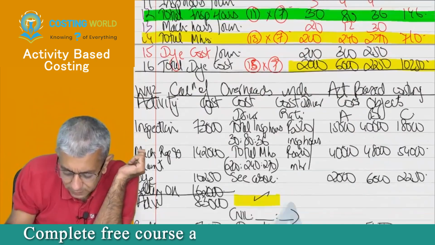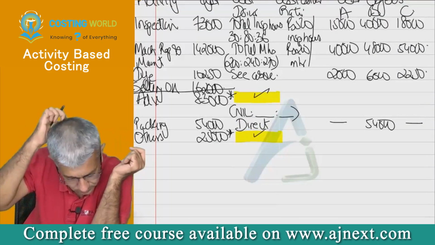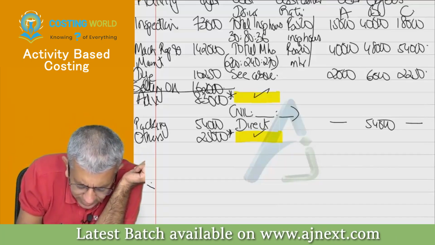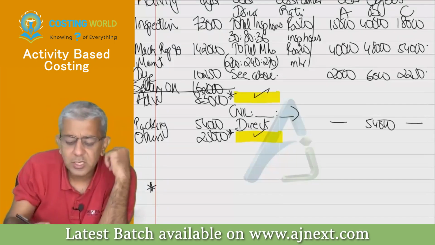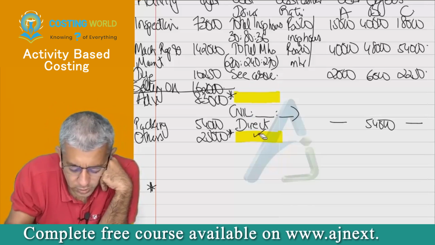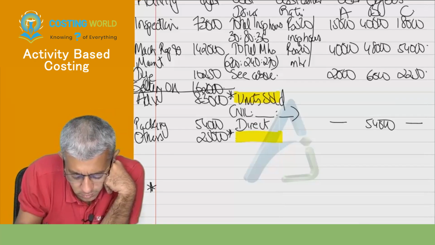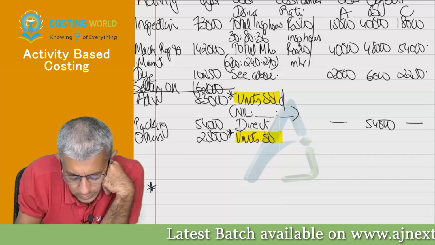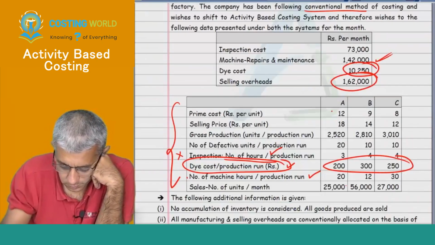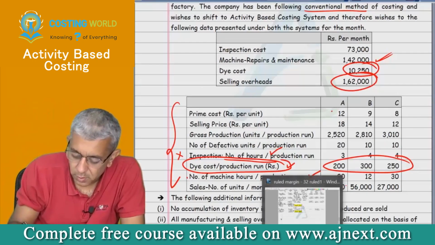Okay. So do one thing. I will give you a note then. You put an asterisk over here. Put an asterisk over here. Leave 2 lines, leave 3 lines and write down: both these costs have been divided in the ratio of number of units sold.